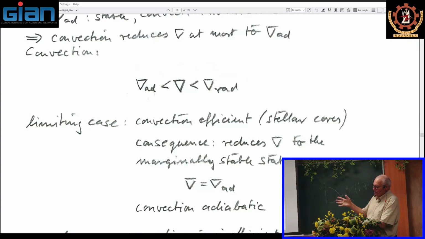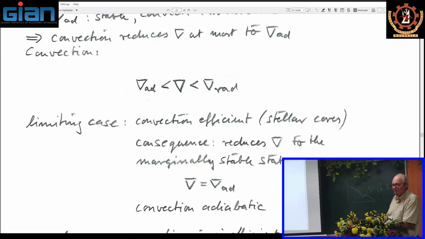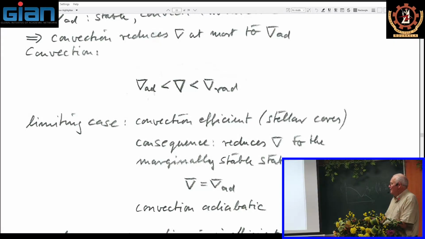Of course, if you go to the stellar core, where the heat capacities are large and the matter can store heat efficiently, then nabla will be close to nabla adiabatic. And if it's only weak instability, then nabla will be close to nabla radiative. But the precise value will be provided then by mixing length theory. Keep in mind, it's not a real theory.